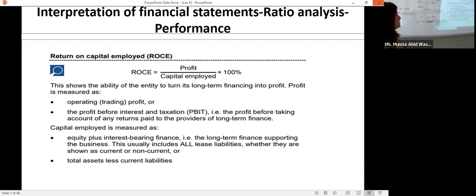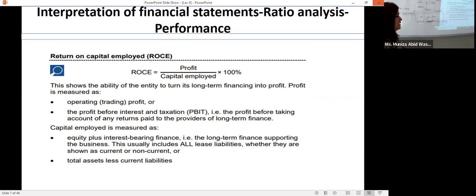Capital employed is measured as equity plus interest bearing finance, that is long-term finance supporting the business. This usually includes all these liabilities, whether they are shown as current or non-current. Total assets less current liabilities.